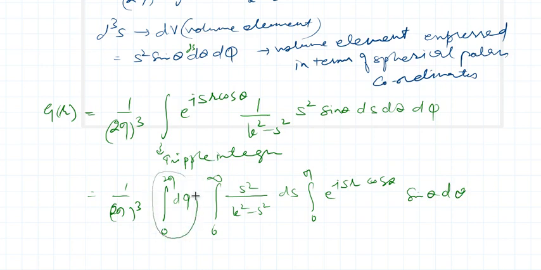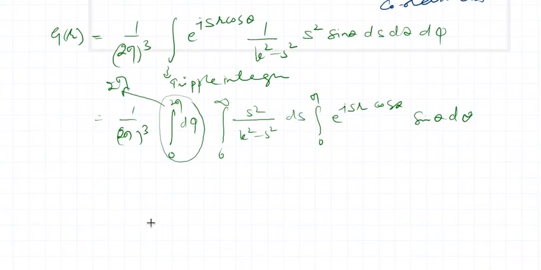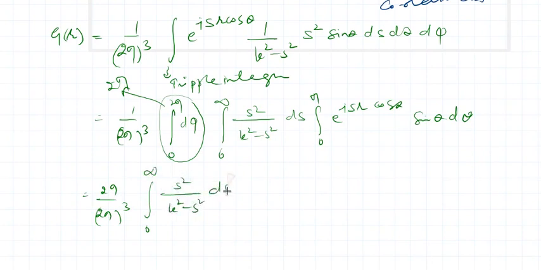Phi is fixed, so its value comes out to be 2 pi directly. So it is 2 pi over (2 pi) raised to power 3, integral from 0 to infinity of s square over k square minus s square ds, and then the integral of e raised to power iota s r cos theta sin theta d theta from 0 to pi.